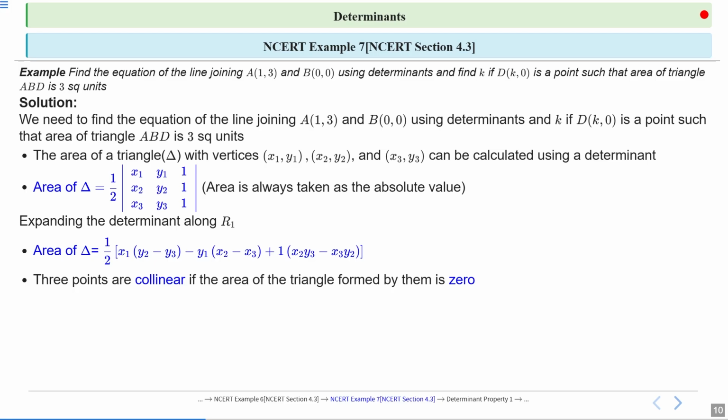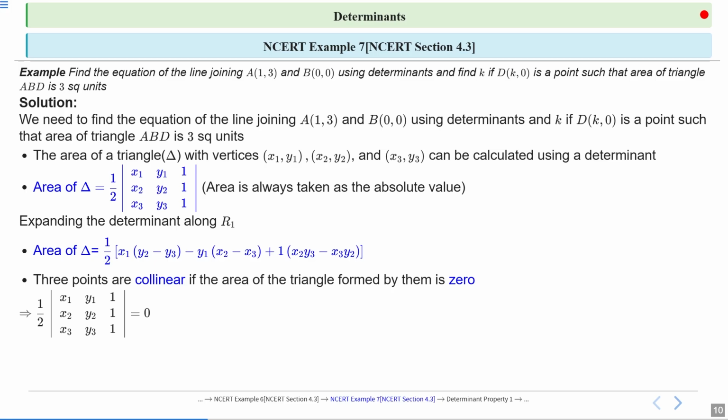So if we take another point on the line AB, then all 3 points are collinear because all are present on the same line. So the area formed by them is 0. So we just use this concept to find the equation of the line.